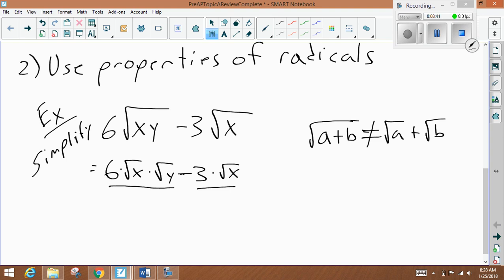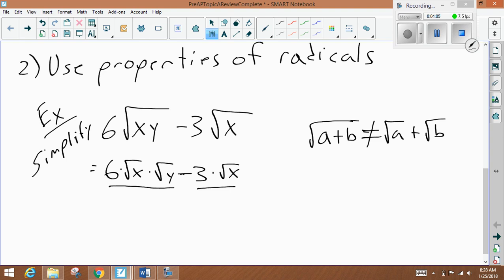Each one of these shares a common factor. 2 common factors, really, right? 6 and 3 share a common factor of 3. And both of these terms also share the common factor of the square root of x.